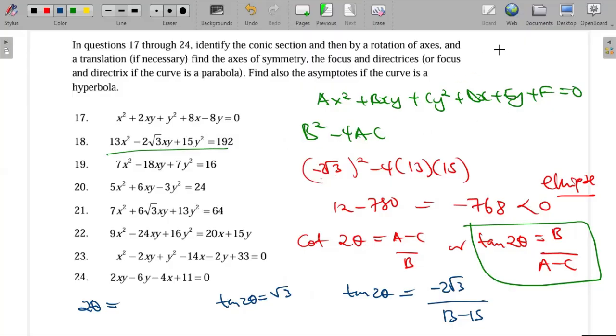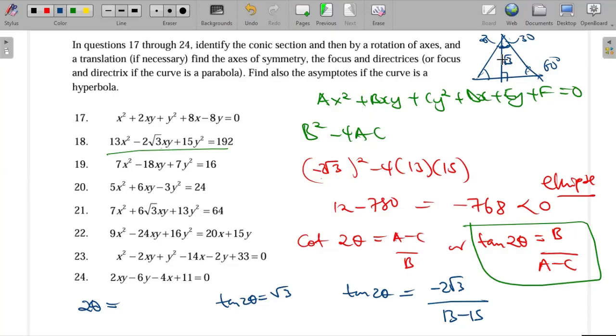So how do I get my 30? Recall this triangle again, where this side is root 3. This angle is 30, this angle is 30, and that other angle is 60, and that other angle is 60. So this is an equilateral triangle, 60, 60, 60, but cutting it in half gives 30 degrees.